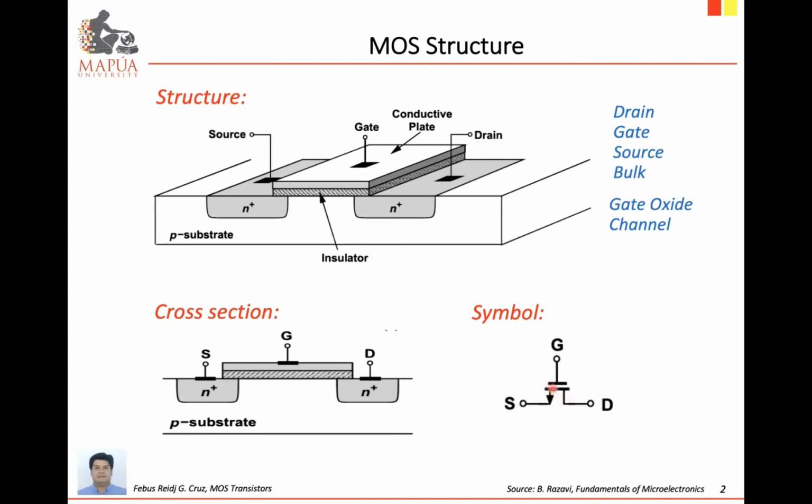Also, I want you to notice that the gate terminal has a space or open circuit from the drain and source region. This signifies the insulation coming from the gate oxide layer, so the gate terminal is electrically insulated from the semiconductor layers.